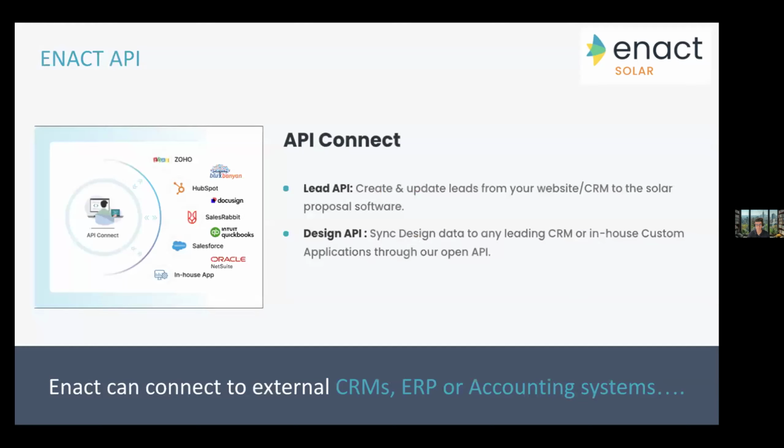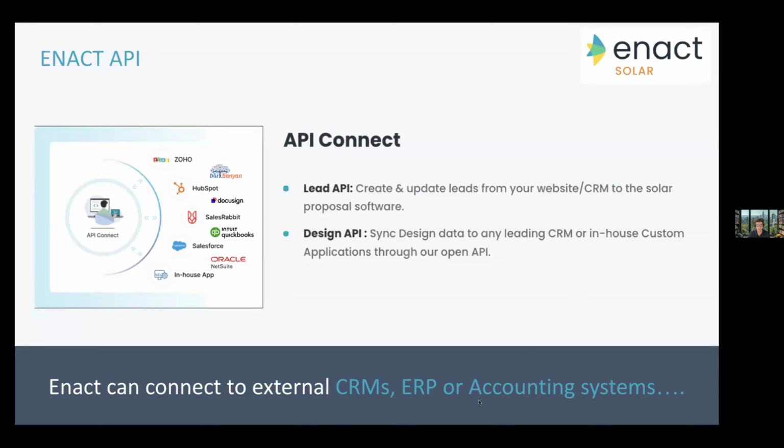Lastly, I'll also be covering another highlight for the day would be the API Connect feature. So, as a lot of you may know, API integrations are very powerful automations that can help, not only save time by automatically transferring data to your CRM or ERP or even accounting systems, but they also increase system health and accuracy.